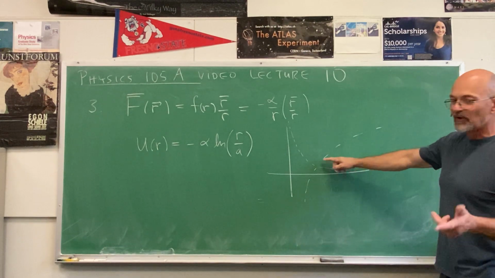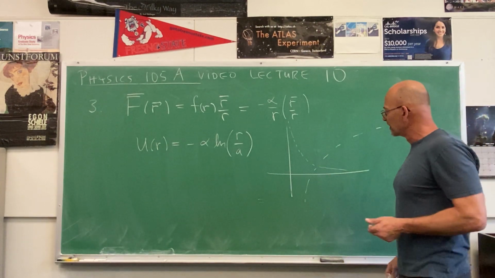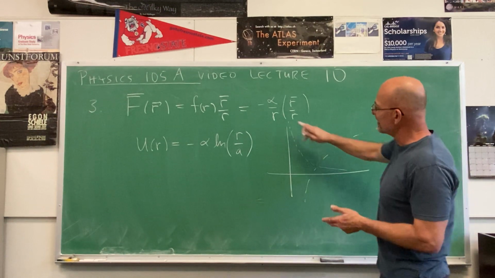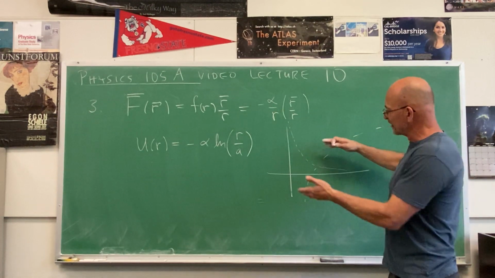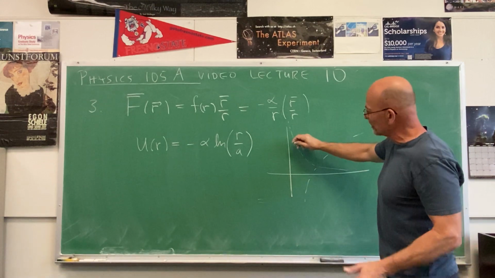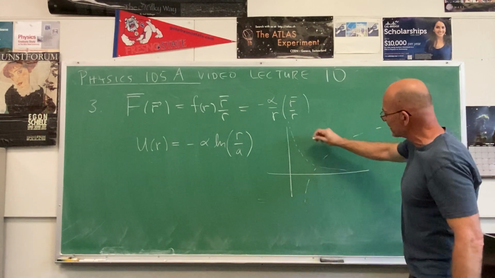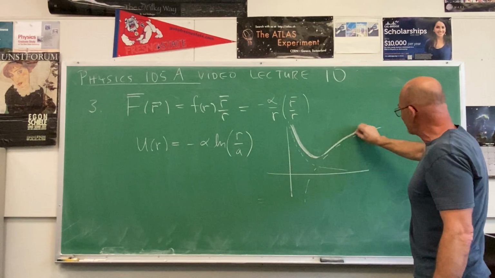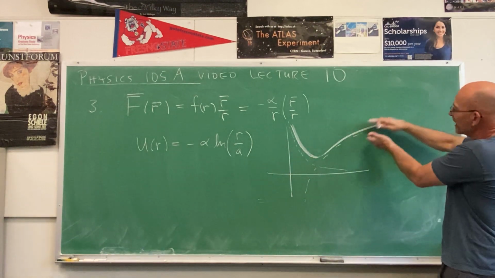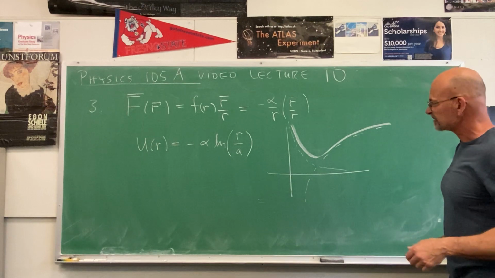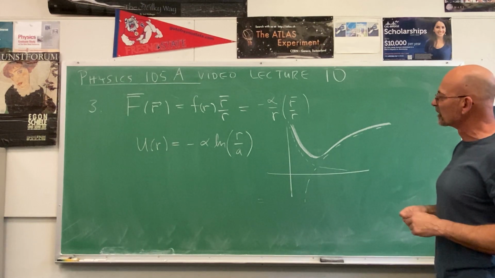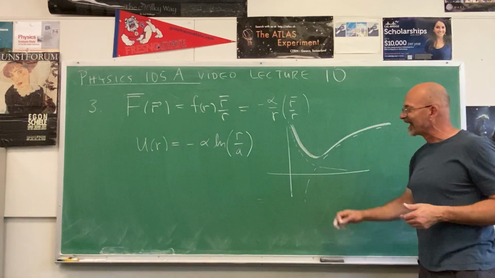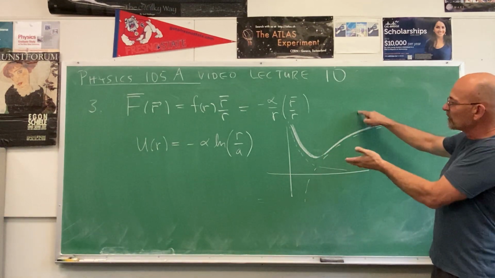So where the minimum is located isn't quite clear, because it depends on the value of alpha as to if it's above or below the axis, but that's neither here nor there. The generic or the basic form is like this, and it's growing logarithmically. That's also a formal problem in terms of bounded and unbounded states, but there's your effective potential.